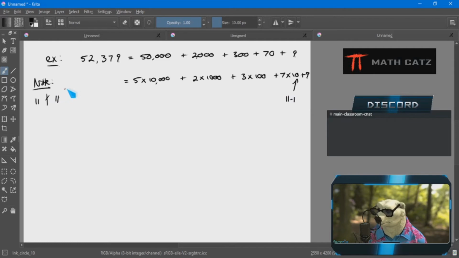11 likes. For 100, 11 does like 99, and it doesn't like 101. So for the 100, I can go 99 plus 1. It's going to be okay. When it comes to the 1,000, 11 doesn't like 999, unfortunately.